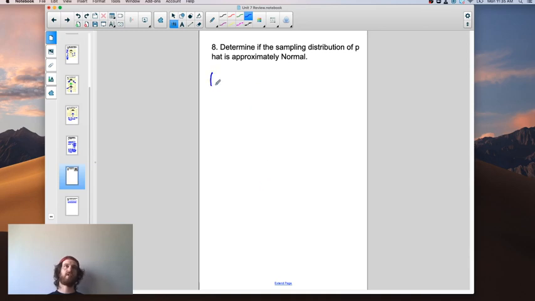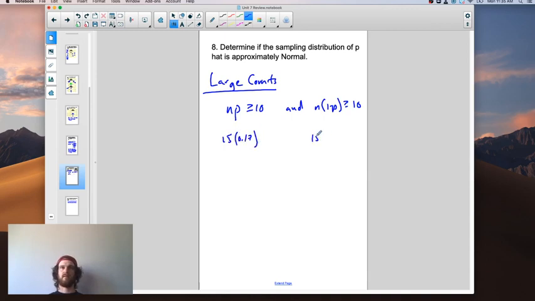Oh, this is just the large counts condition for a proportion, which says that it will be approximately normal if n times p is greater than or equal to 10 and n times 1 minus p is greater than or equal to 10. So that's going to be 15 times 0.17, and 15 times 0.83.